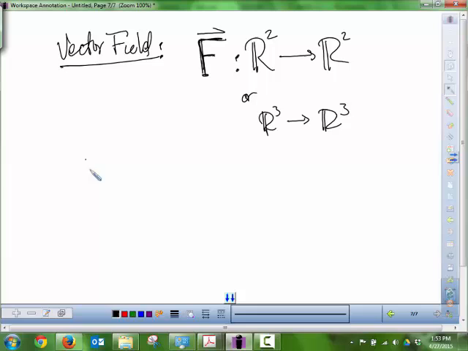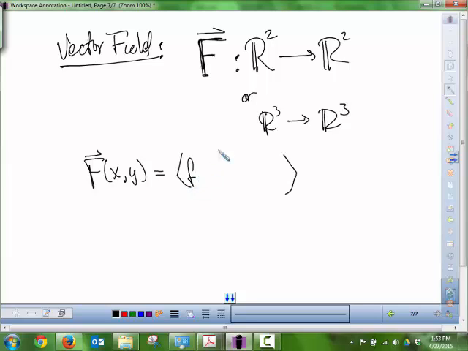So what that means is that your vector field is like a vector valued function, and it's like a function of multivariable. So it takes an input, x and y, and then your output would be a vector.